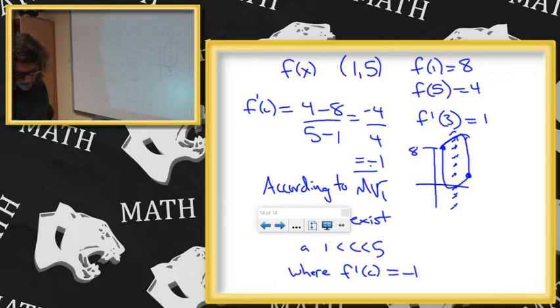Does f have an absolute minimum on 1 to 5? Yeah, it's a continuous function, so all continuous functions have absolute maximums and minimums. It's guaranteed that it will have some minimum value. It's called the extreme value theorem.